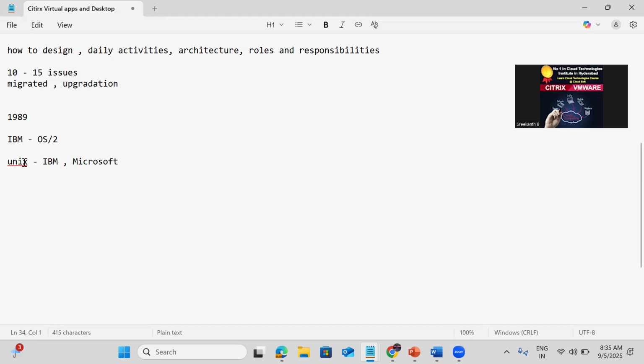But they got an idea. What is that idea? OS2 is a single-user operating system, and they wanted to make it a multi-user operating system. As OS2 demand was becoming a success, they wanted to make a multi-user version of OS2.